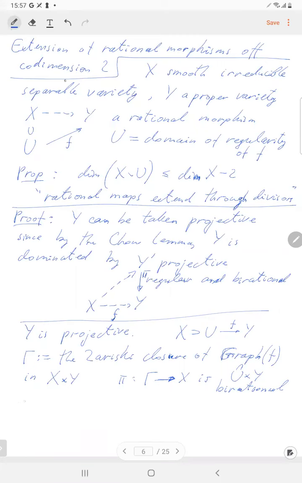So let's set this bad set B to be the set of points in gamma such that the dimension of the fiber is positive. The bad set of higher dimensional fibers.